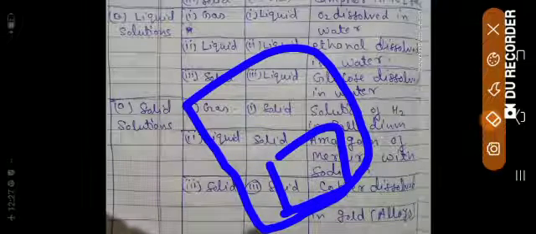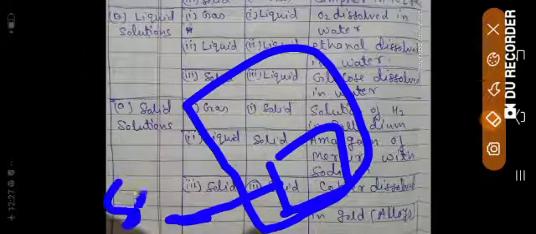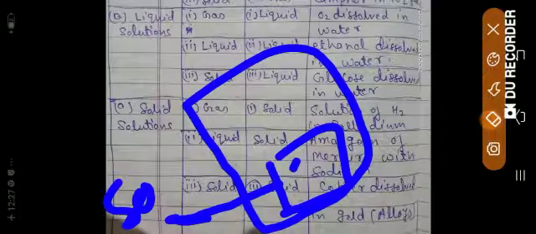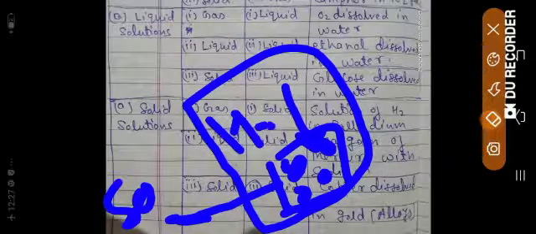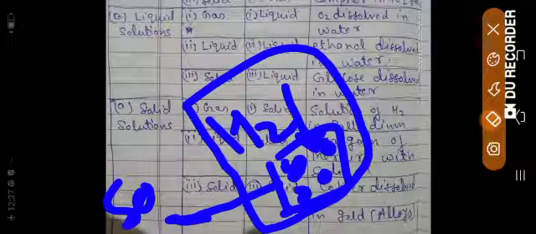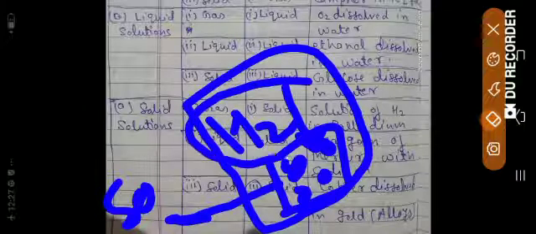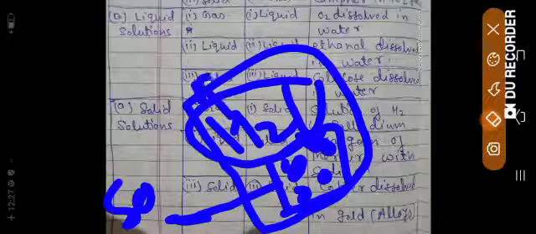Palladium is a solid substance, so it is the solvent, and since palladium is porous in nature, its surface contains so many pores, so many holes, where hydrogen would be trapped or present. Since gas is present in small amount, it is the solute.